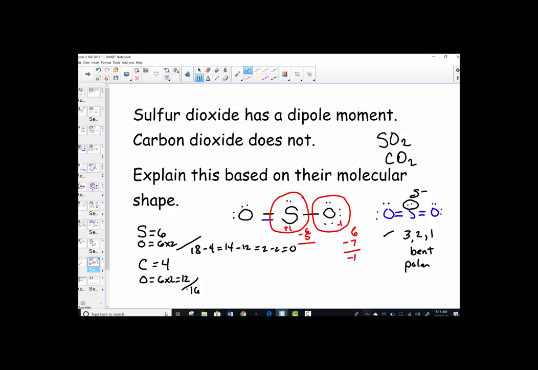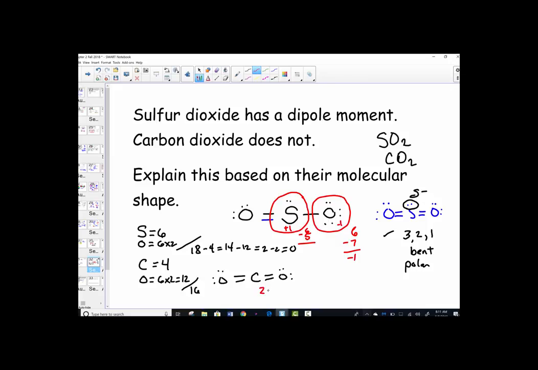Now remember, carbon only donated 4. This structure, carbon dioxide, has 2 fewer dots. By the time we're done drawing this structure again, we end up with O double bond C double bond O. But notice there are no spare electrons sitting on top of the carbon as we had for the sulfur.